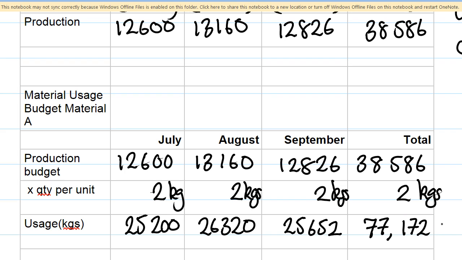So that's how much materials we need to use to make our required production.